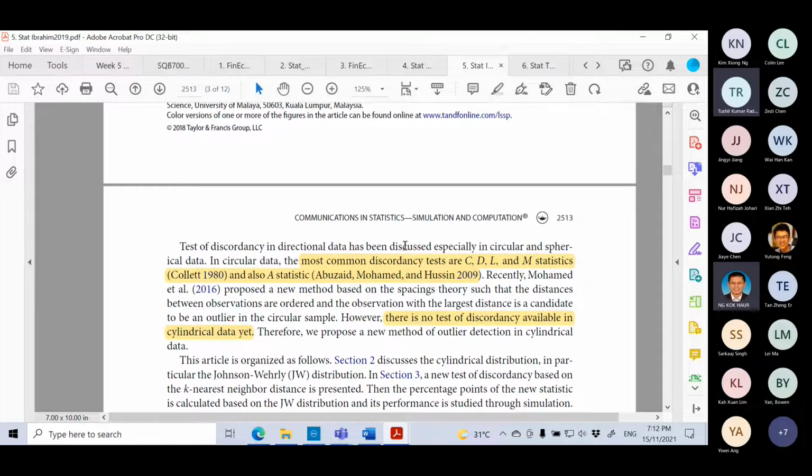After that, they mention that, however, there is no test available for cylindrical data yet. Therefore, they propose this test for outlier detection.